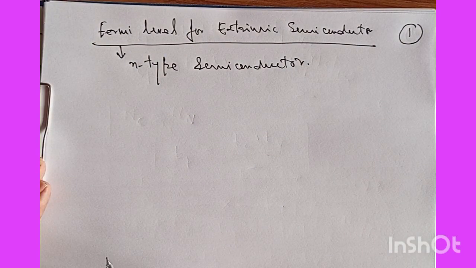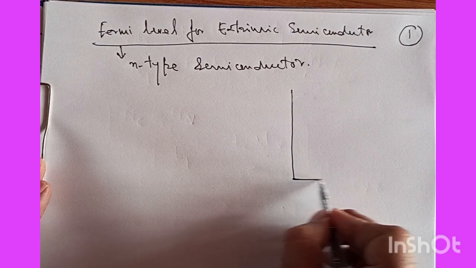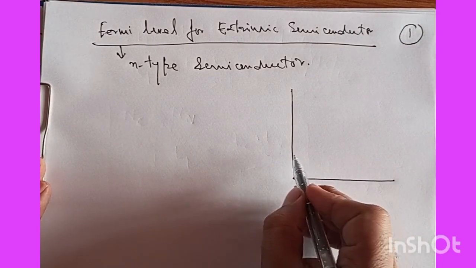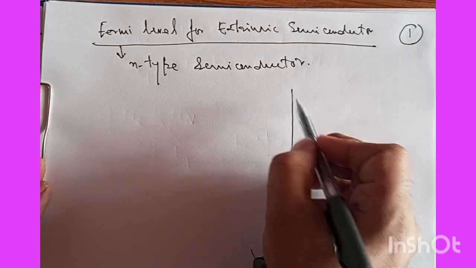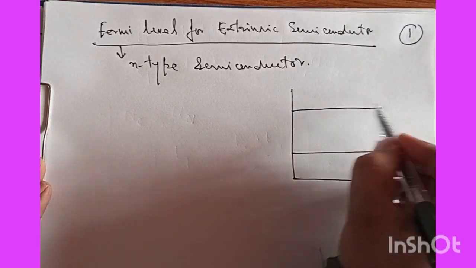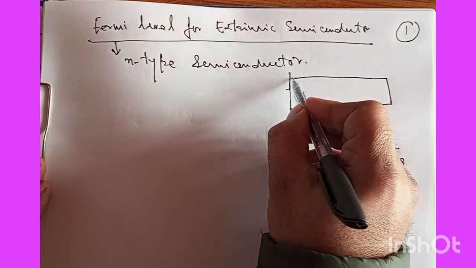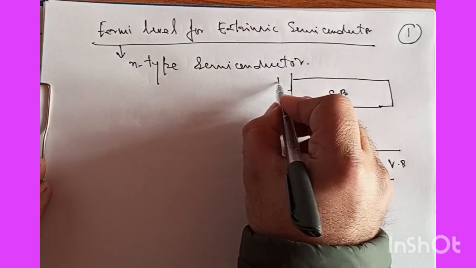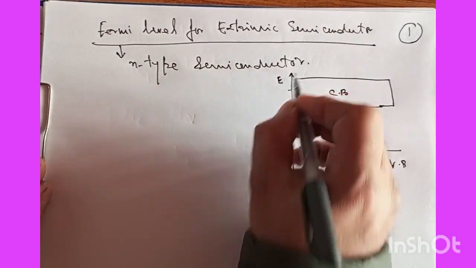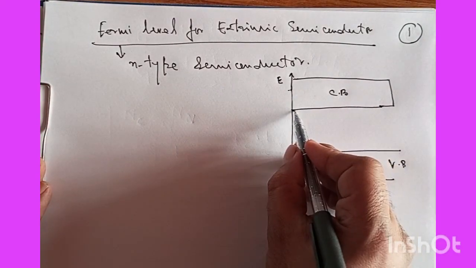If I go with the energy band diagram for this kind of situation, we have a valence band and the conduction band. This is the energy axis, and this is my conduction band.